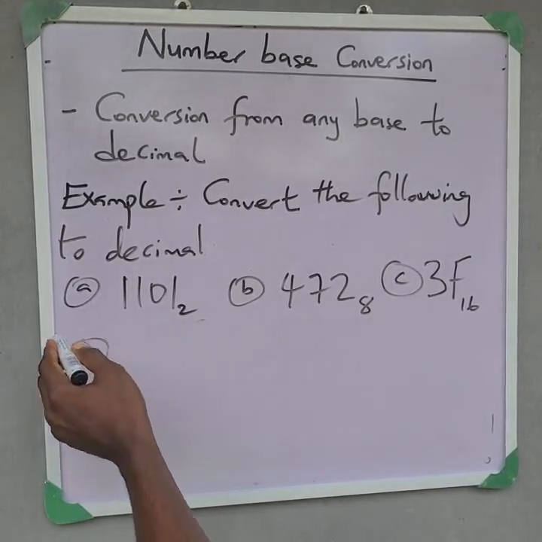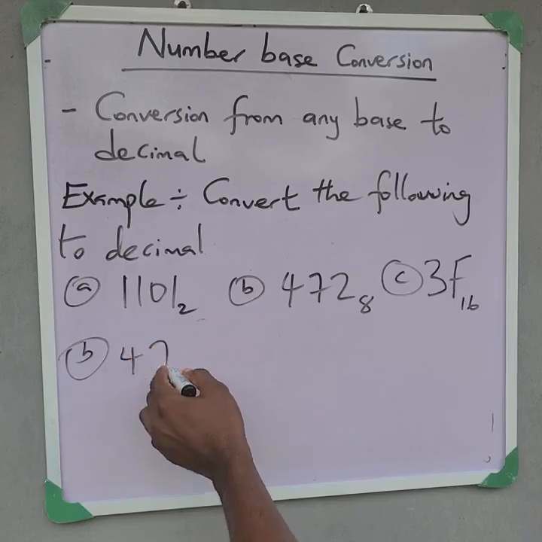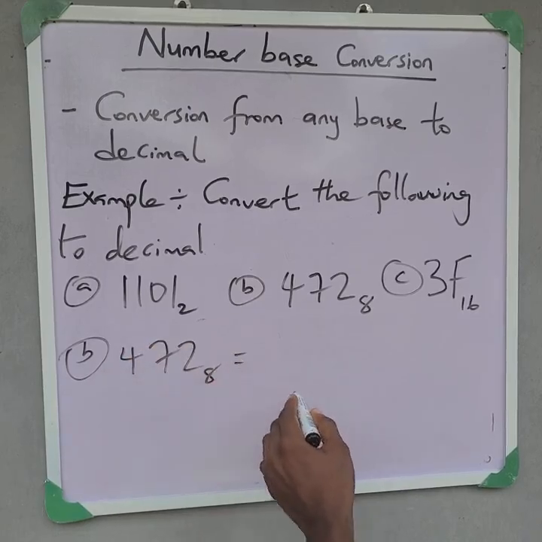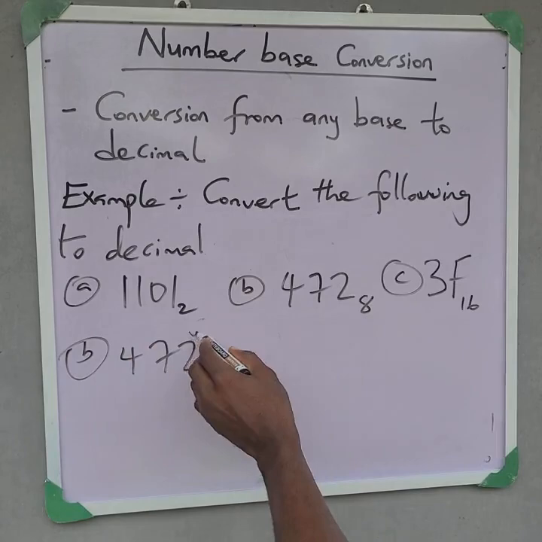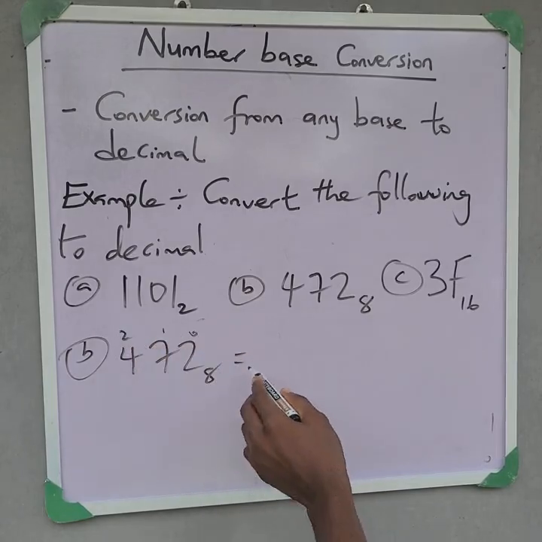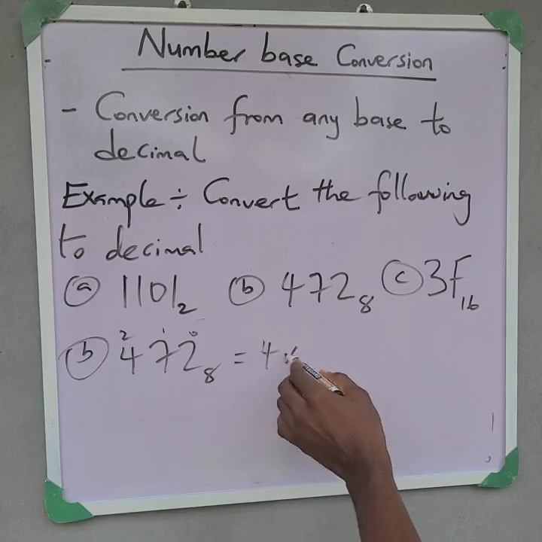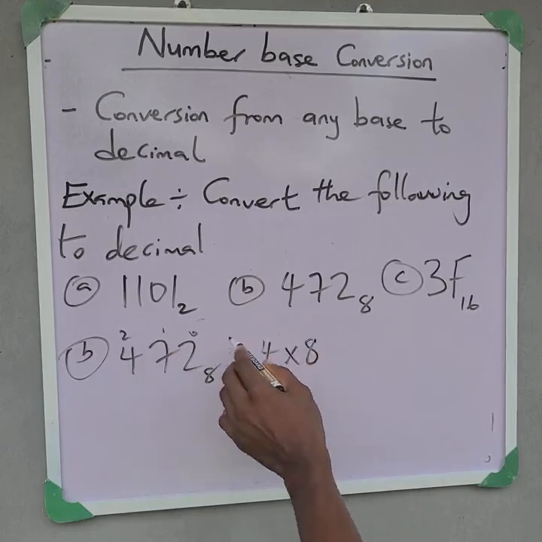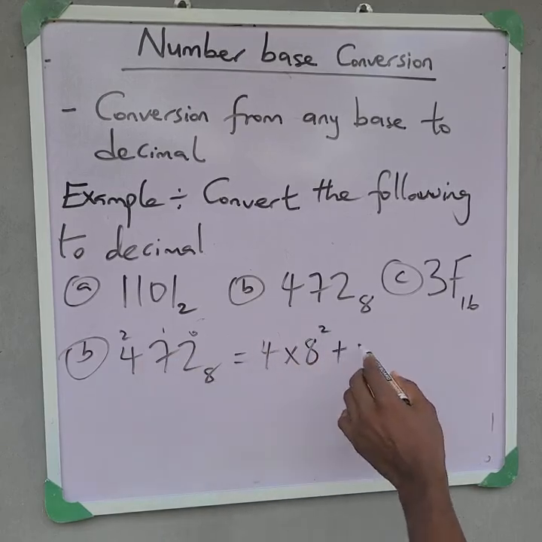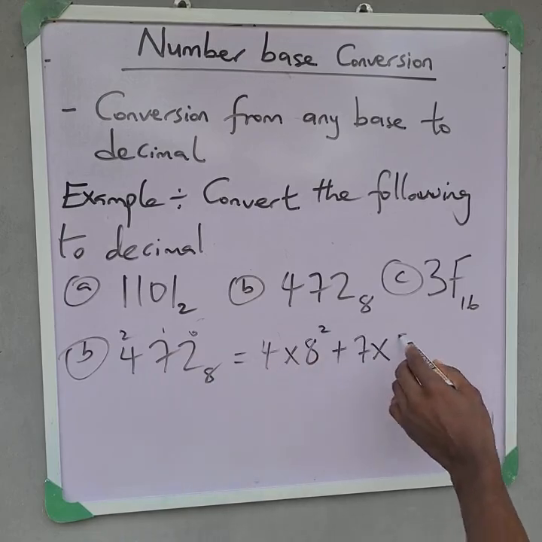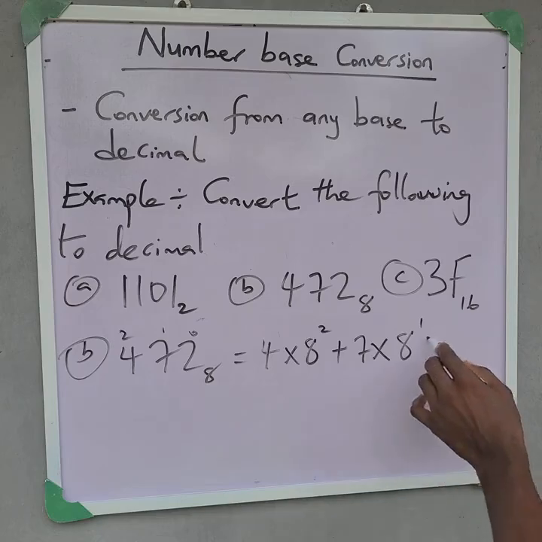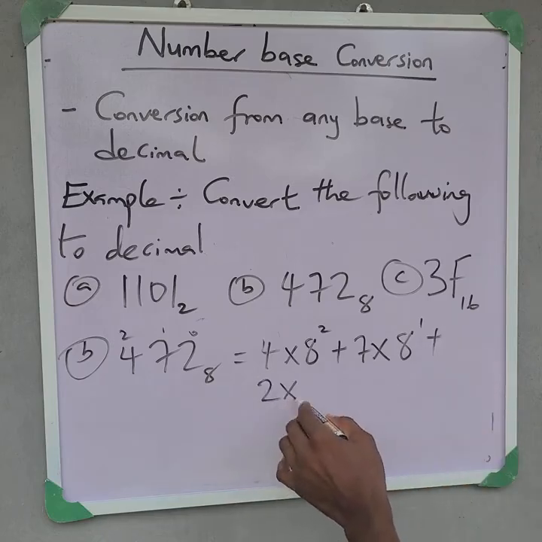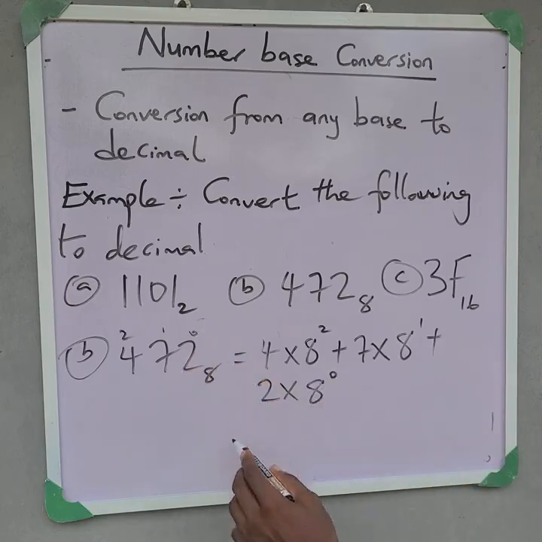B. We have 472 in base 8. You number it 0, 1, 2. So this is 4 times 8 raised to power 2, plus 7 times 8 raised to power 1, plus 2 times 8 raised to power 0.